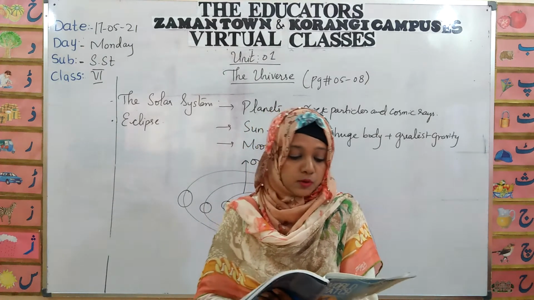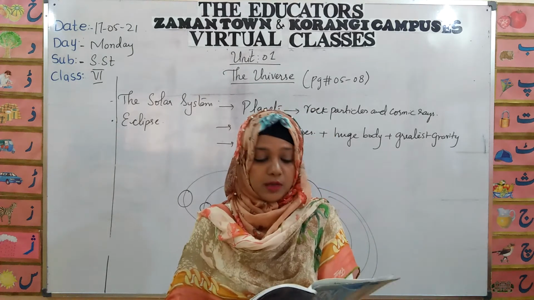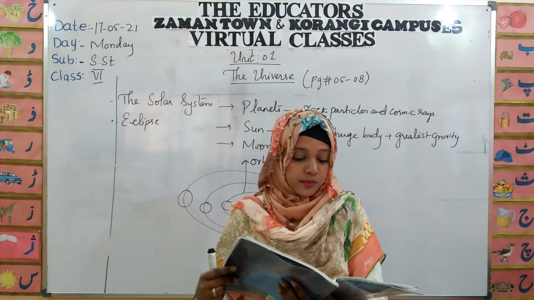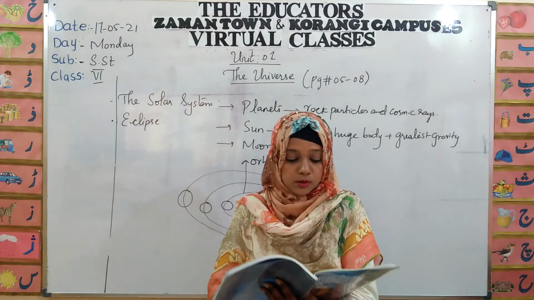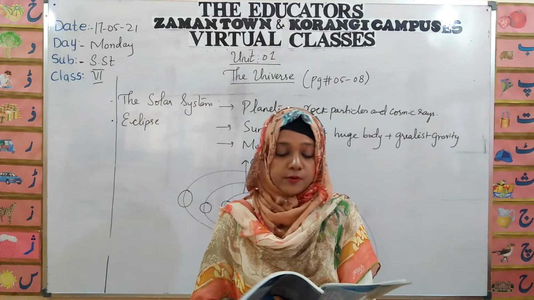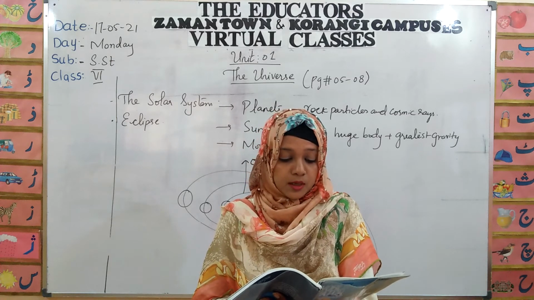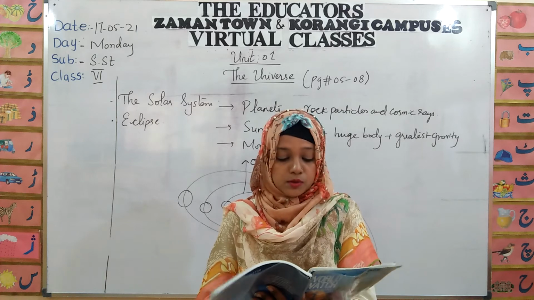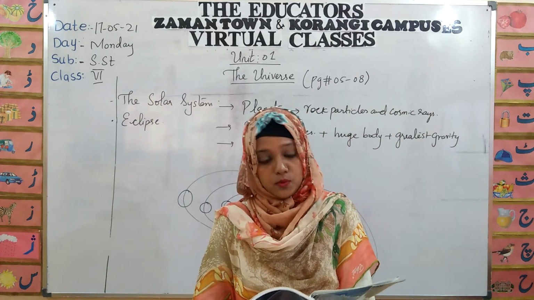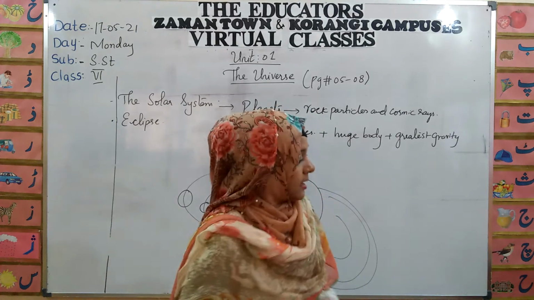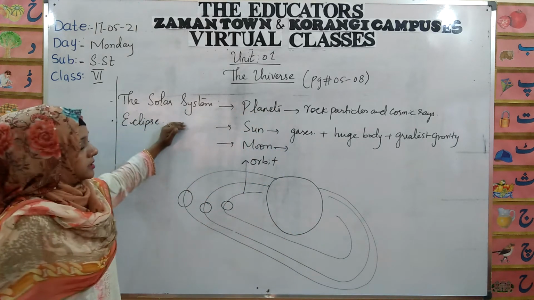Venus, no moon again. Earth, we have just one moon. Mars has 2 moons. Jupiter, 50 moons. Saturn, 53 moons. Uranus, 27 moons. And Neptune, 13 moons. That is all related with the solar system.